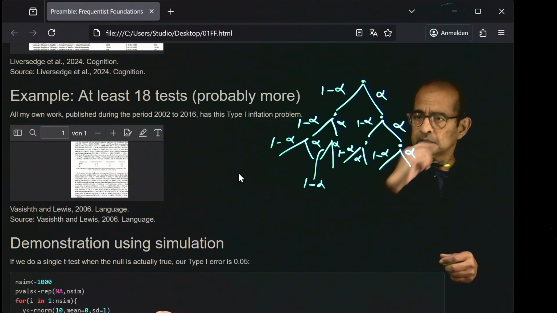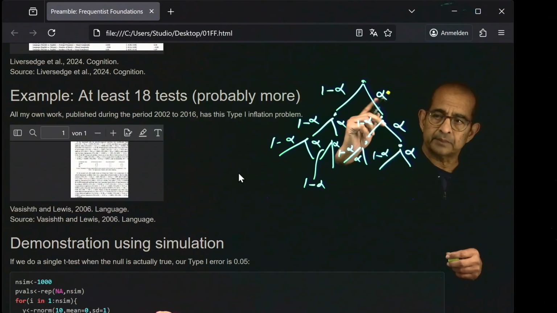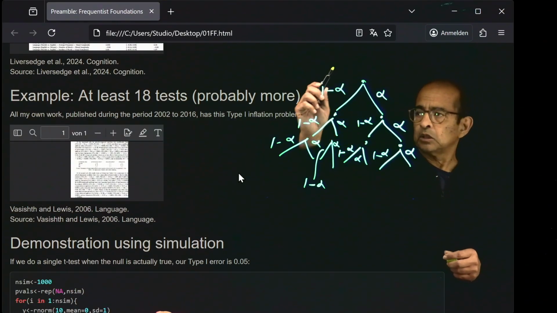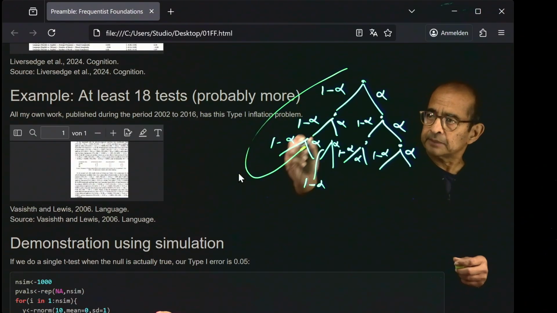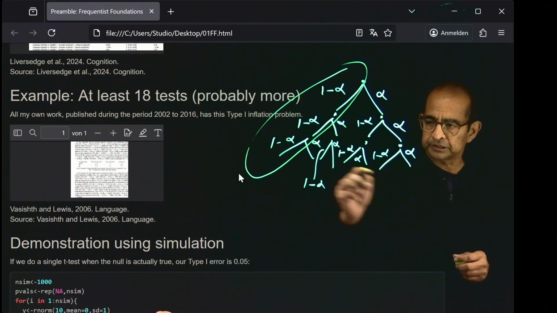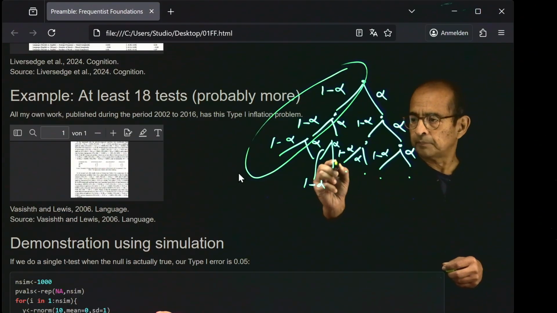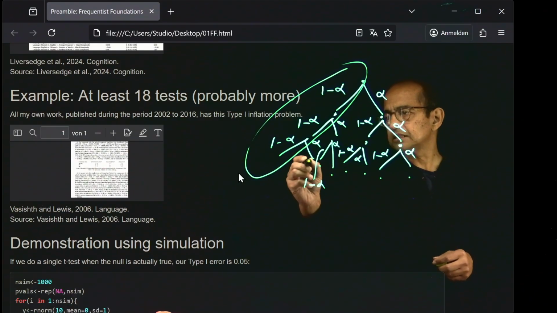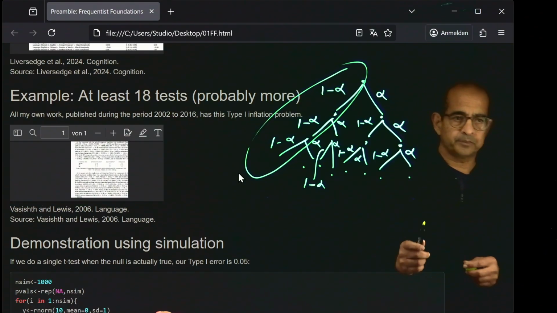So the probability of rejecting at least one null hypothesis incorrectly would be everything except this path. Every leaf in this tree except this path would be a possible way for us to reject at least one null hypothesis incorrectly.